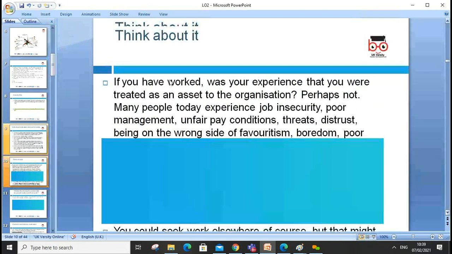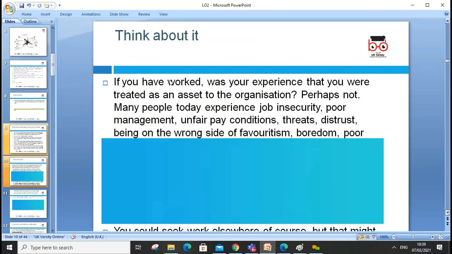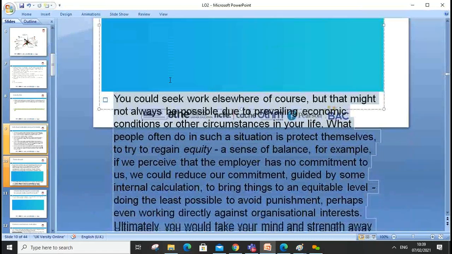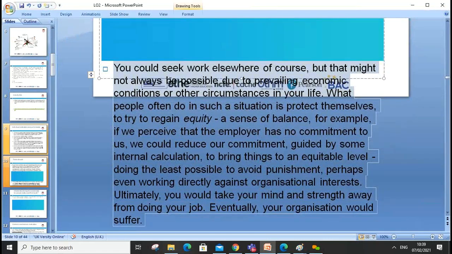Okay, next, think about whether you have work experience where you were treated as an asset of the organization, because human beings are the key asset of the organization. Many people today experience job insecurity, poor management, unfair work conditions, and these are key issues that carry on happening now. So what we can do is look at why these issues exist.